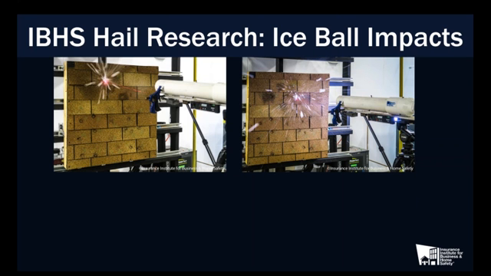And we started with the FM 4473 standard, which, as Ian mentioned, is a pure water ice ball test. And it's at the high kinetic energies. And we started there, and we went through the testing sequence. And this test is pretty simple to perform. This is a couple of shots of some of the impacts that we actually could create.